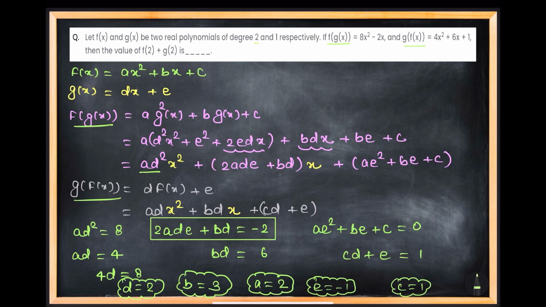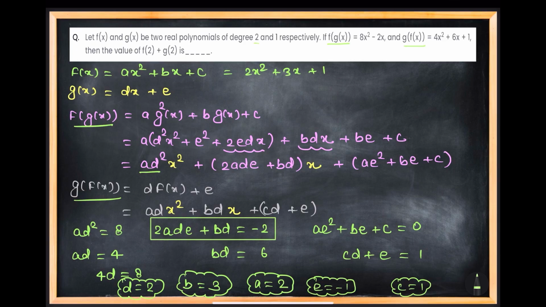Now, so according to me, the function f of x becomes what? a is 2. So it is 2x square. Okay. And sorry, b. Who is b? b is 3, so plus 3x. Now we have to go for the constant c. c is 1.